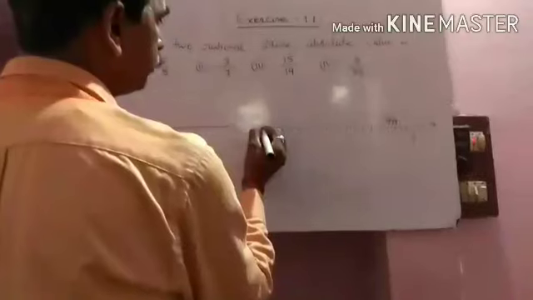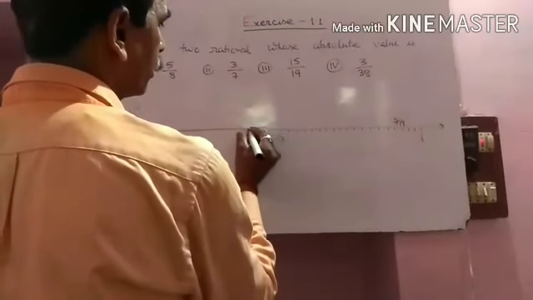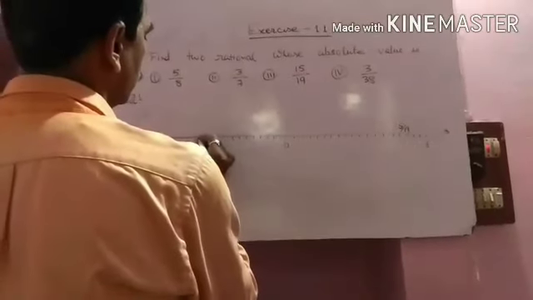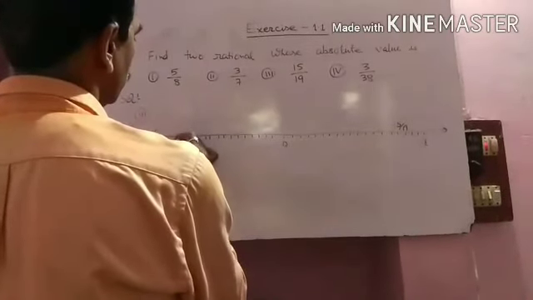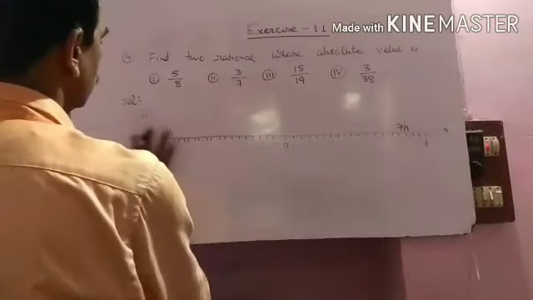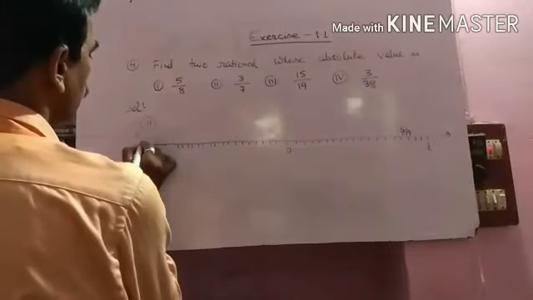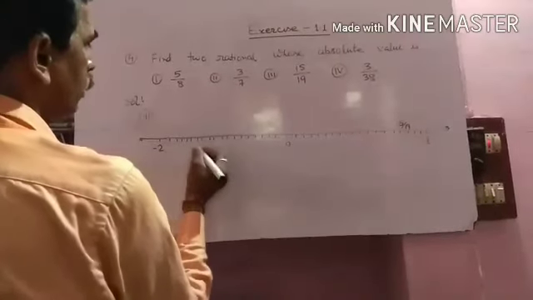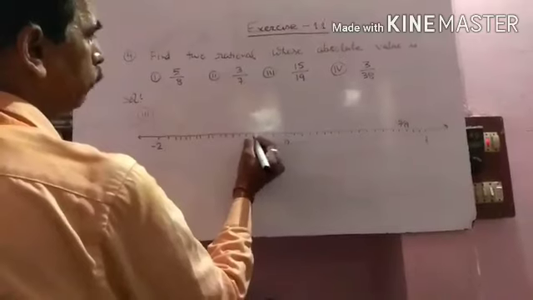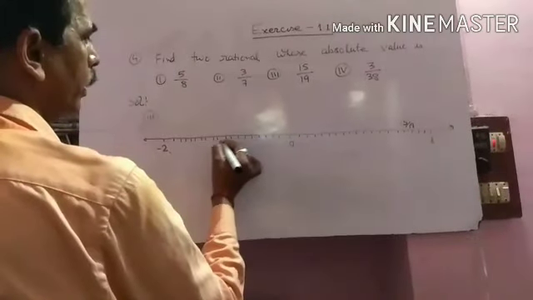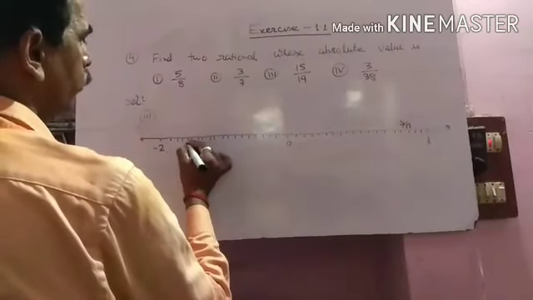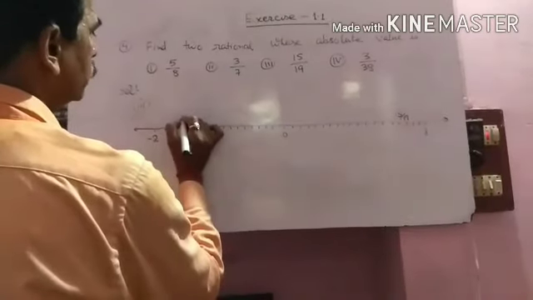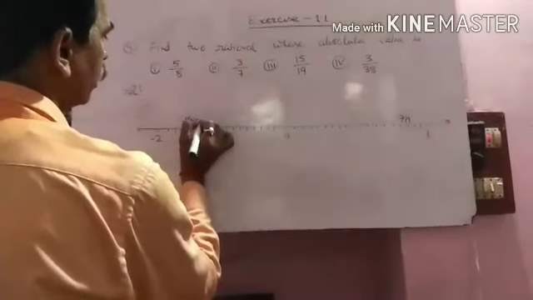Similarly, 1, 2, 3, 4, 5, 6, 7, 8, 9, 10, 11, 12, 13, 14, 15. So this becomes minus 15 by 19.